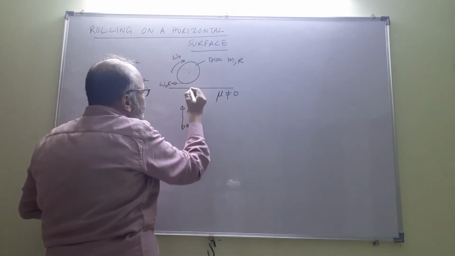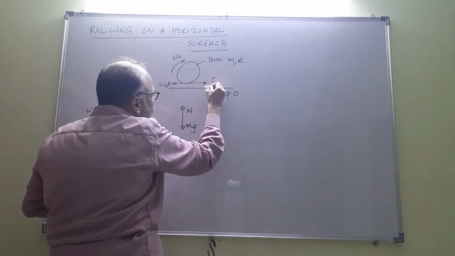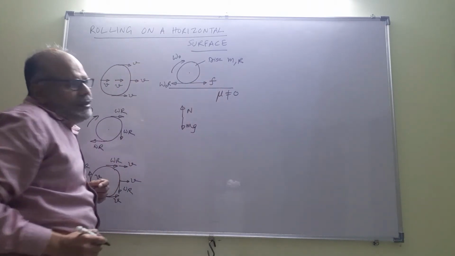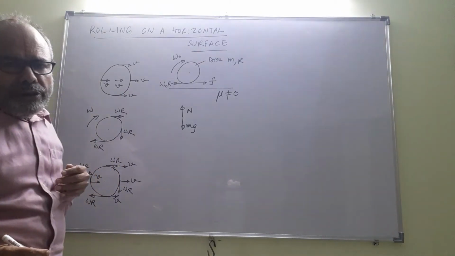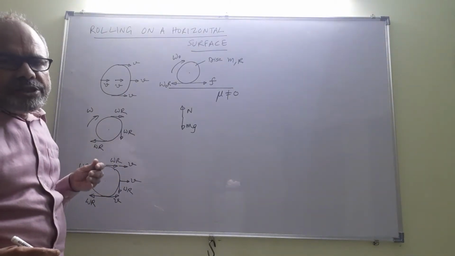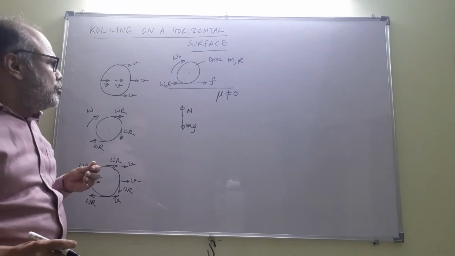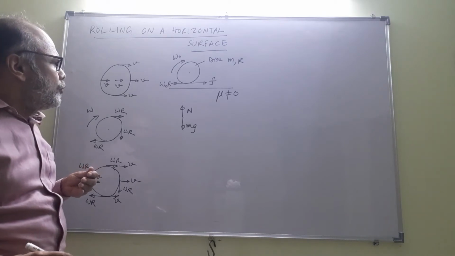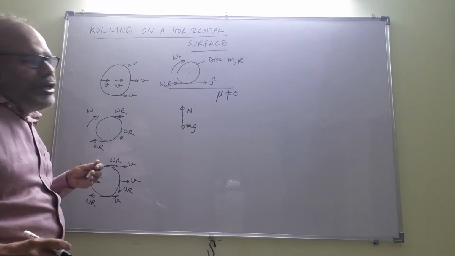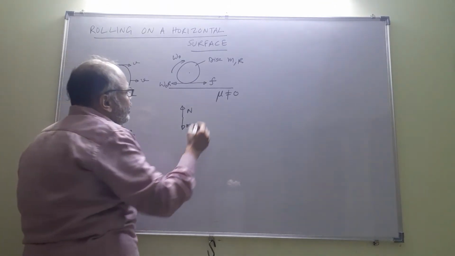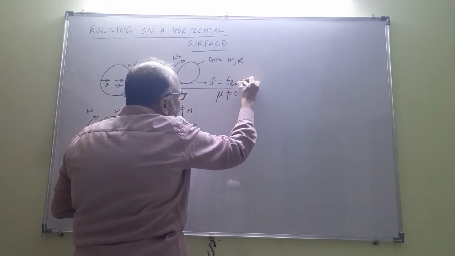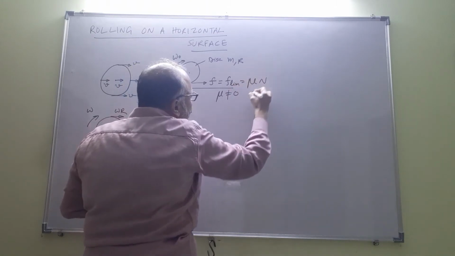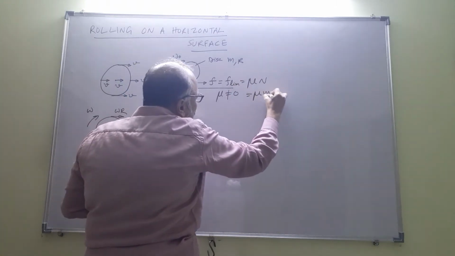Since it is slipping towards the left, frictional force will act towards the right. Because there is slipping, friction has reached its limiting value. So F would be equal to F limiting, that is mu times N, which is mu times mg.